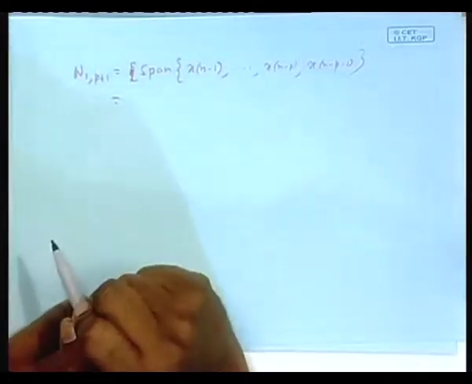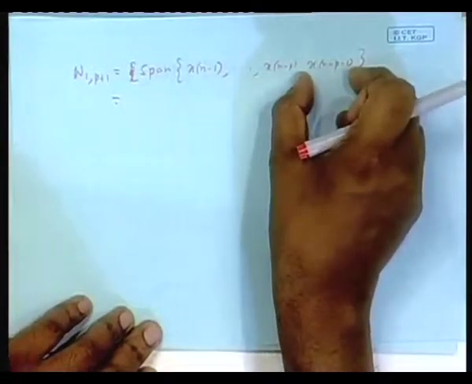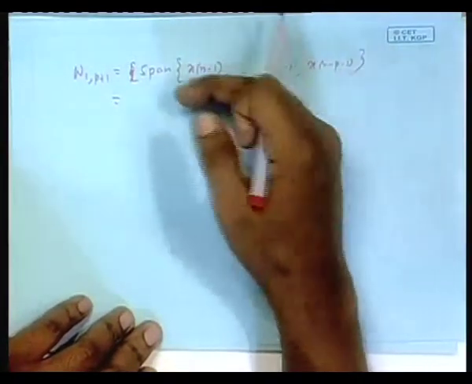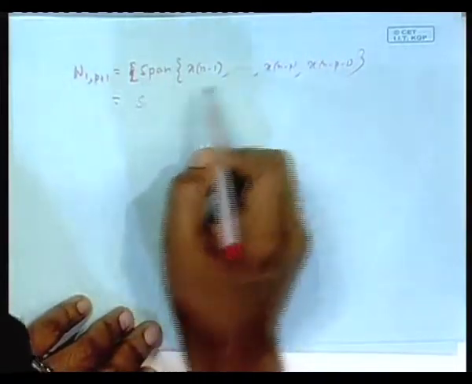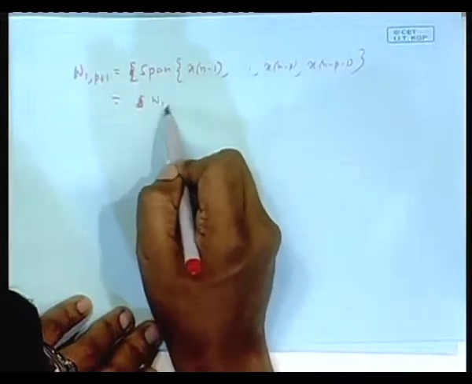You can write it in one line, it is the same as the span of this, direct sum span of this element, but that I am skipping. That is equivalent to what? Span of this fellow, that is x n minus 1 to x n minus p, which is nothing but W 1 comma p.